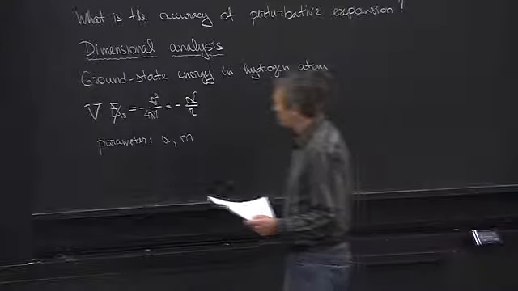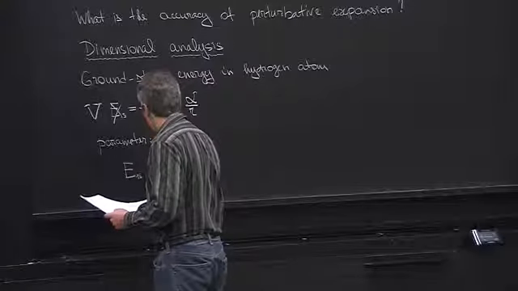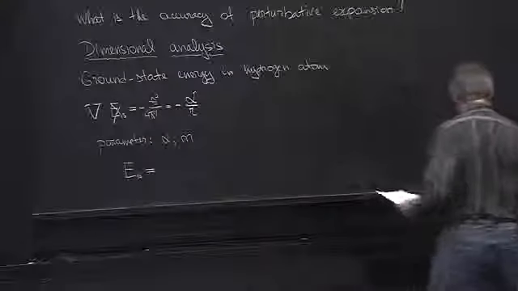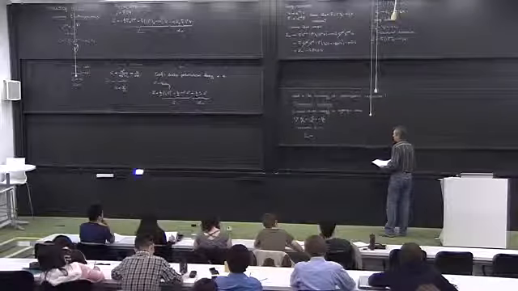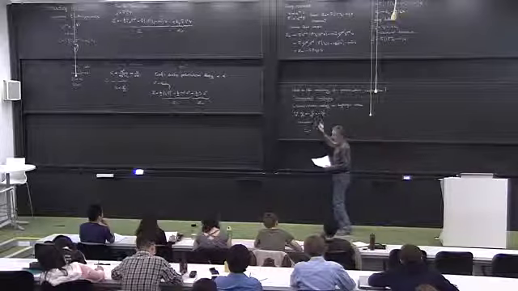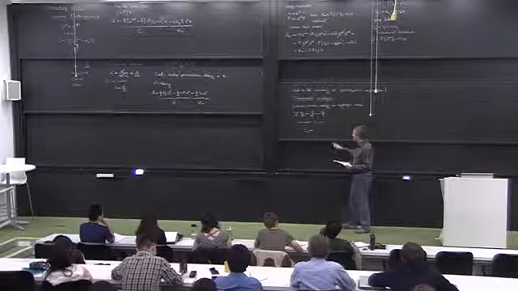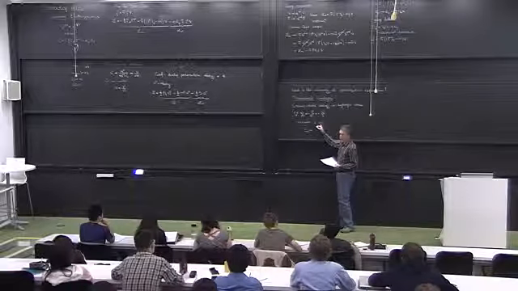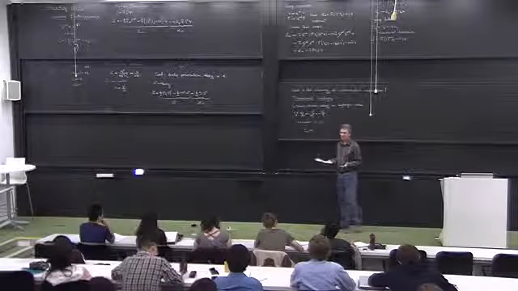So the energy will be a function of these two parameters. And the claim is that its dependence on m is simple. It's just a linear function of m because of dimensional counting, right?